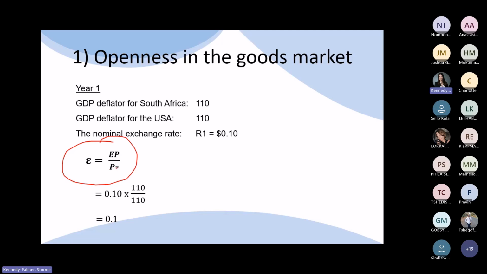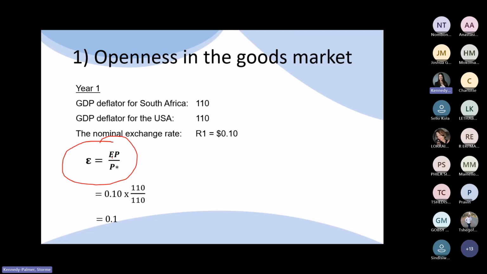The foreign price level is indicated by the P with the asterisk. In our case, this is the South African price level up here, the foreign price level is P with an asterisk, and the nominal exchange rate is the capital E.